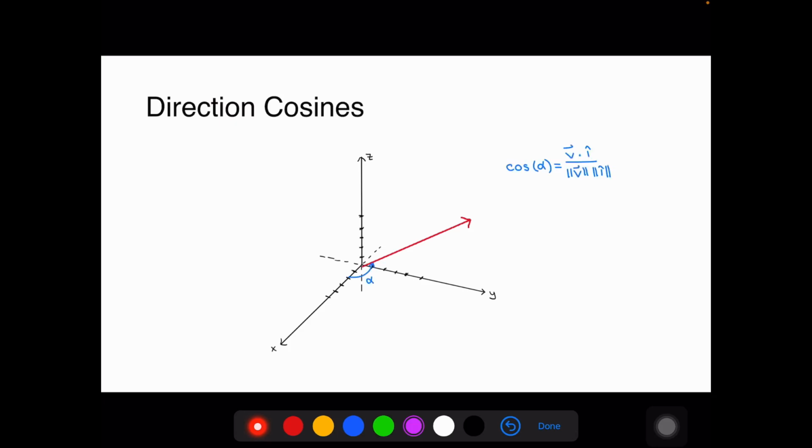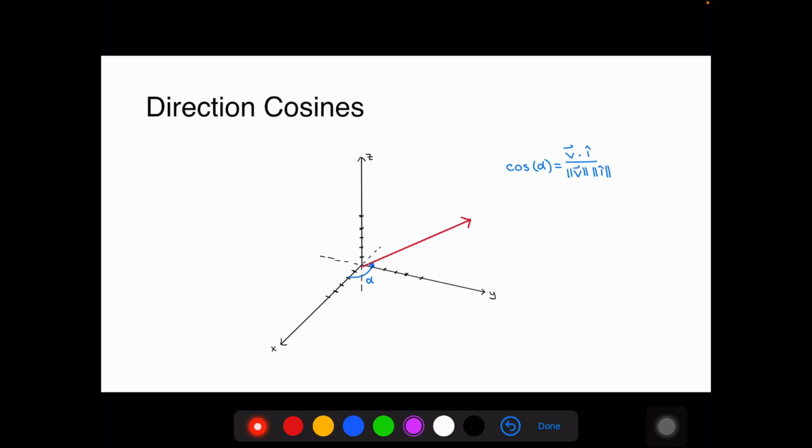So I'm going to define angle alpha to be the angle between this vector, we'll call it vector v, and the x-axis. Using my dot product formula, cosine of angle alpha has to be vector v dotted with i hat. So i is our unit vector that points in the positive x direction, so along the x-axis. So cosine of alpha has to be v dotted with i hat divided by magnitude of v times magnitude of i.